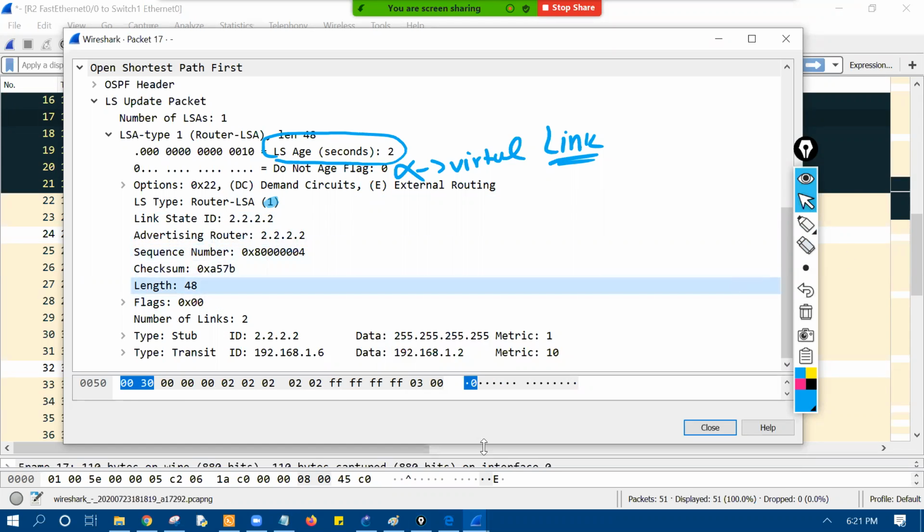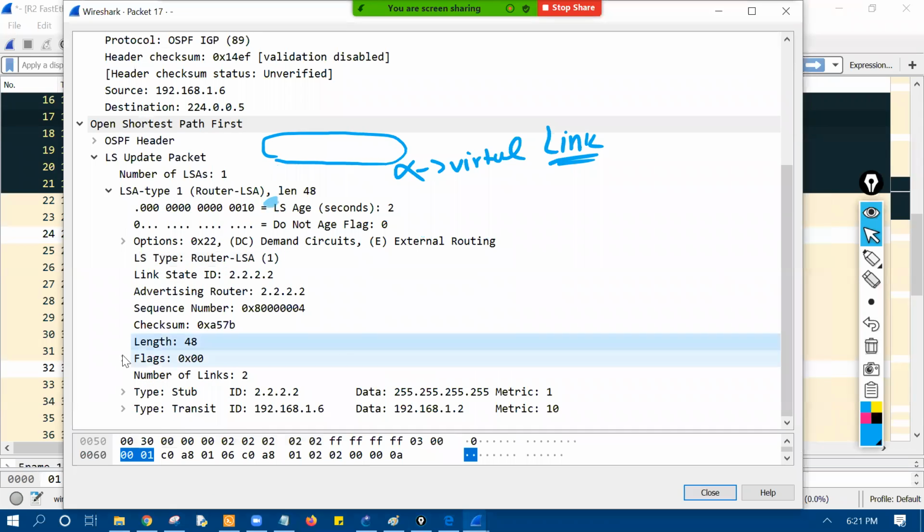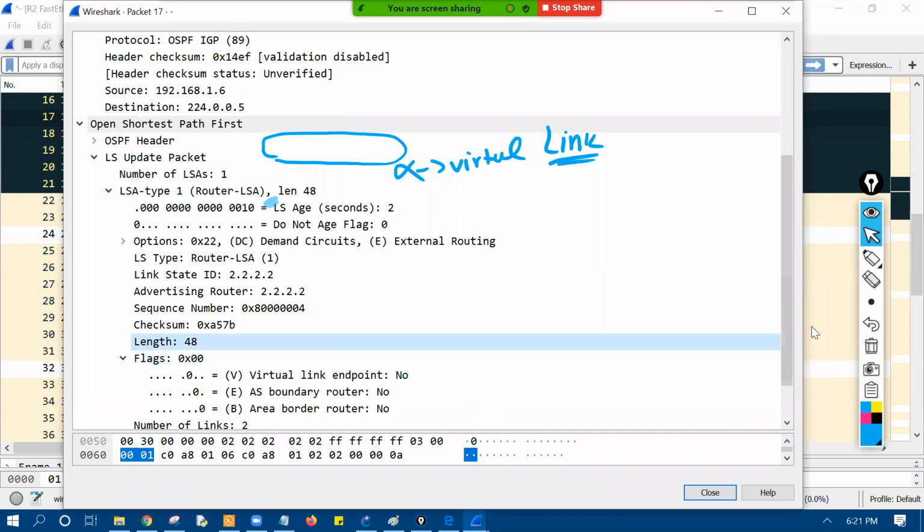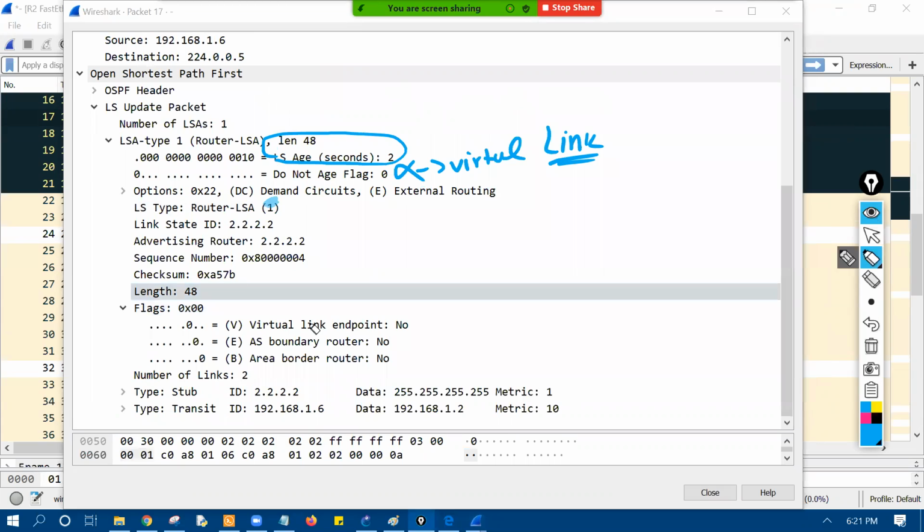These flags are not for use right now, okay? Because this concept comes in the virtual link part, the ASBR part, or whenever I teach you inter-area communication. So we are going to discuss this flag later on. Right now, this flag is off, right? Why? Because this is a normal router that is advertising the router LSA.